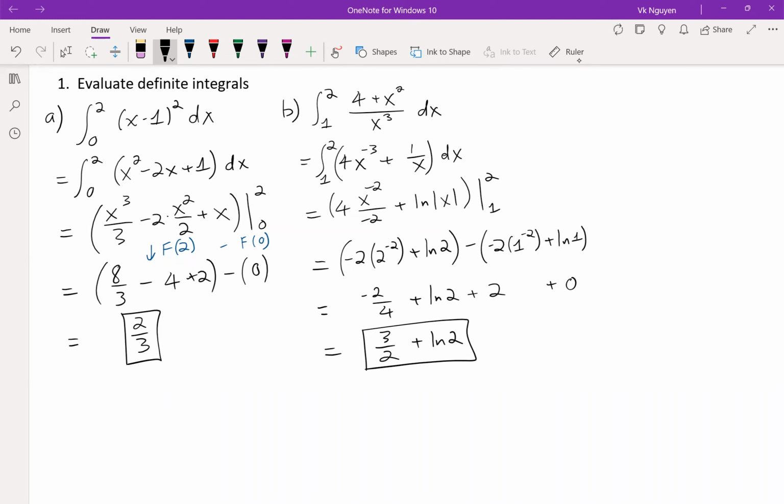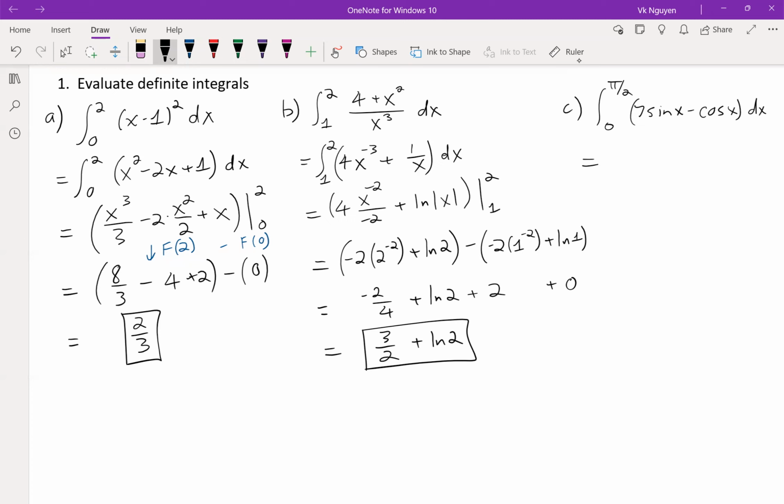Here comes C. Let's do the integral from 0 to pi/2 of 7 sine x minus cosine x dx.